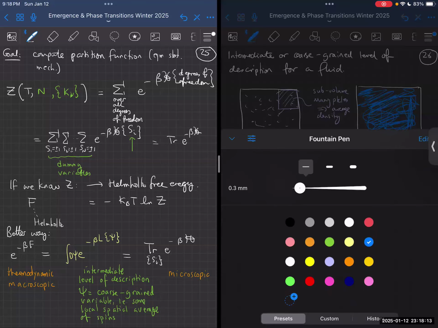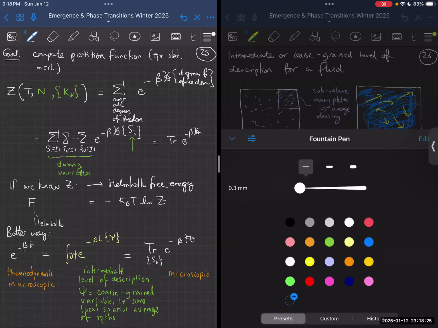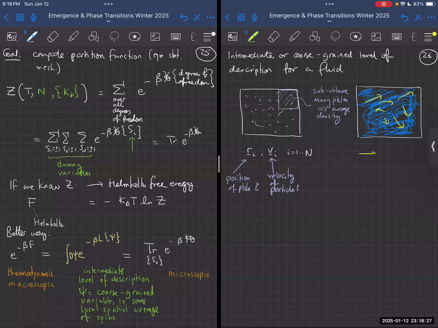There's its density field, and I might have a velocity field superimposed on that. I'm just drawing the velocity like this. This is the velocity vector, and the blue is the particle density.